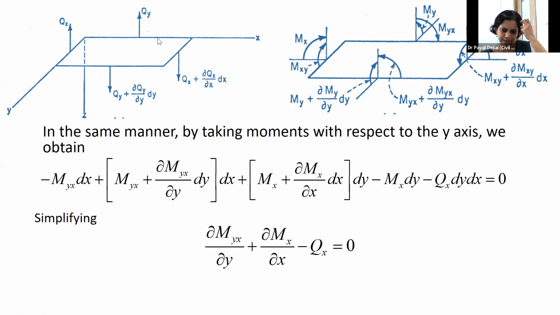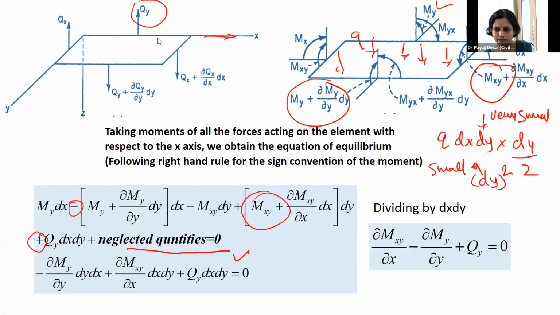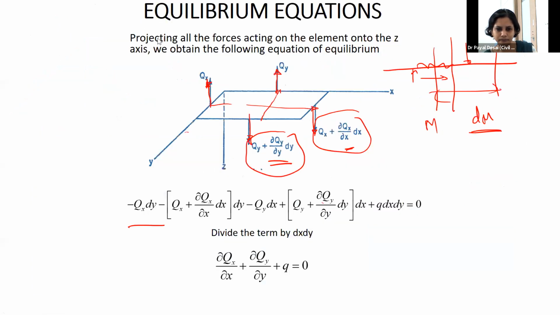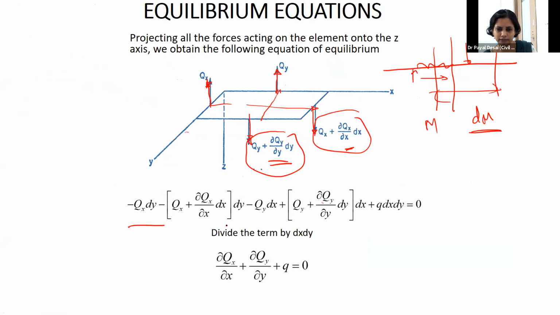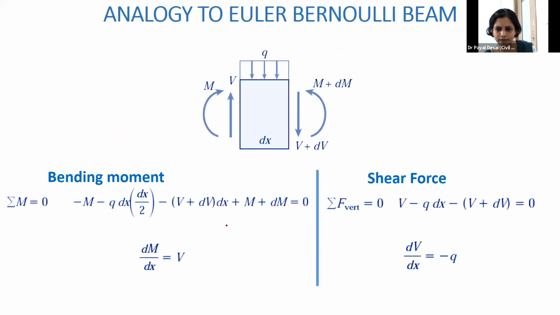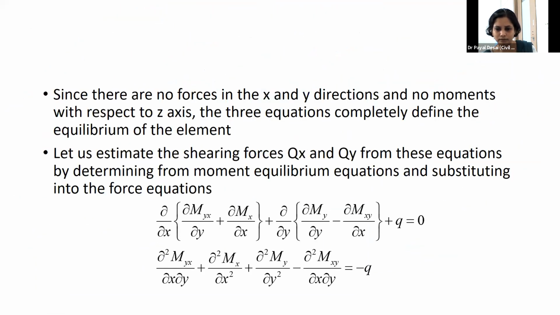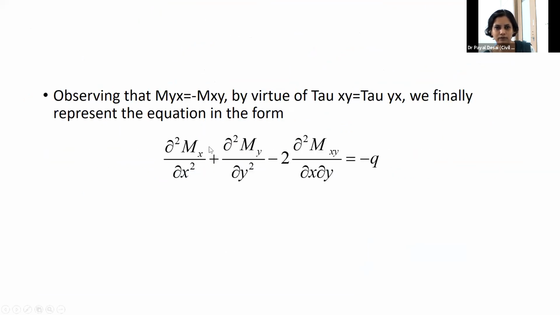Now from the second and third equations, we take out qx and qy, and then we substitute back into the first equation, that is this equation, and we simplify this, and we get this equation after simplification.